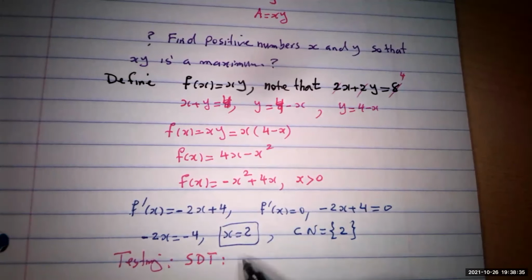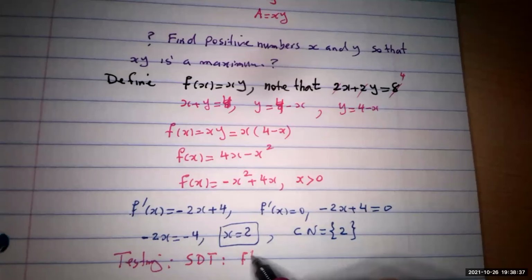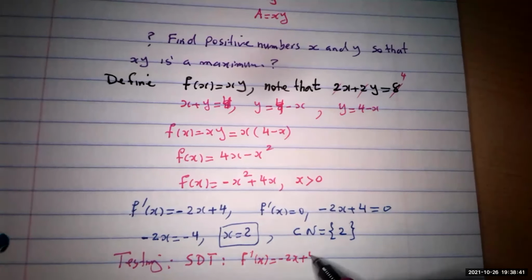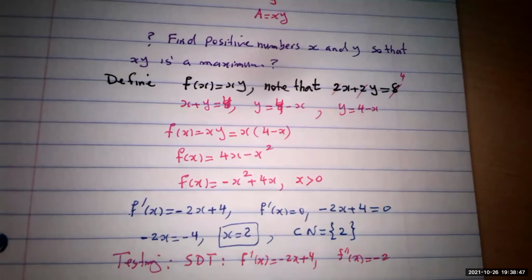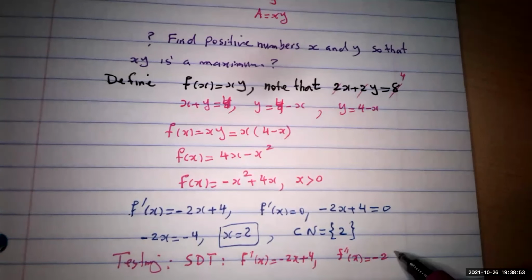So for the second derivative test, you see this is your f prime. So we find f double prime. F double prime of x, you see it's negative 2. Officially, you have to substitute 2, but it's already negative 2. So negative 2 means this is always negative. Remember, f double prime is a concavity.